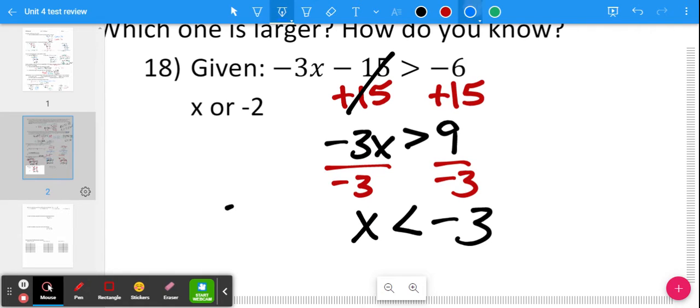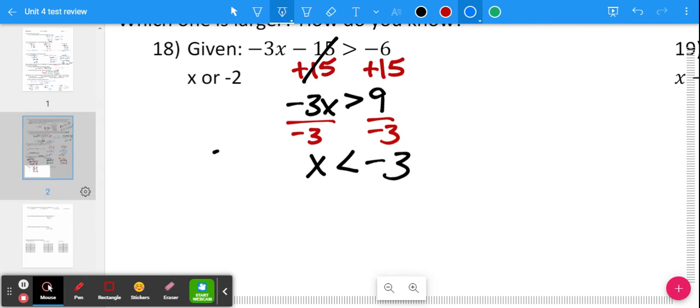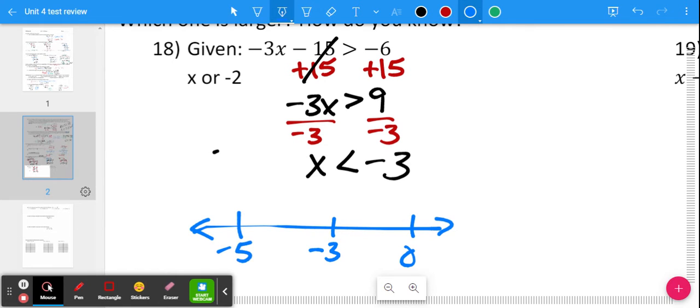So if we had this on a number line, x is less than -3. There we go.